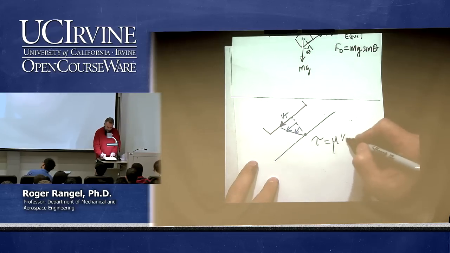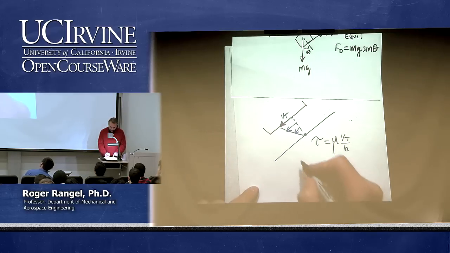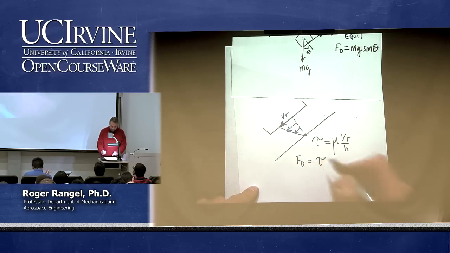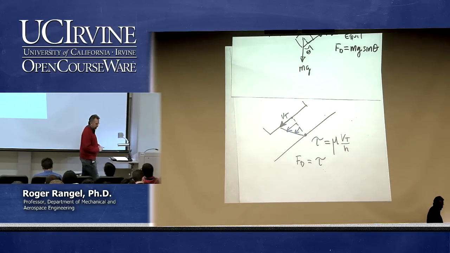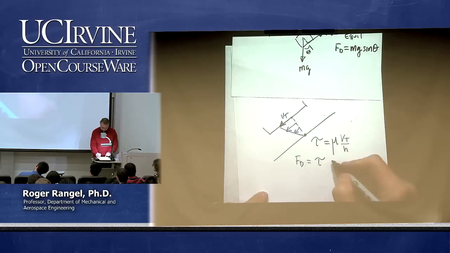Vt over h. Okay. That's the shear stress. So, of course, what is the force? It'll be that tau times the bottom area of this block. The bottom area of this block depends on the dimensions of the block, but let's just say area.